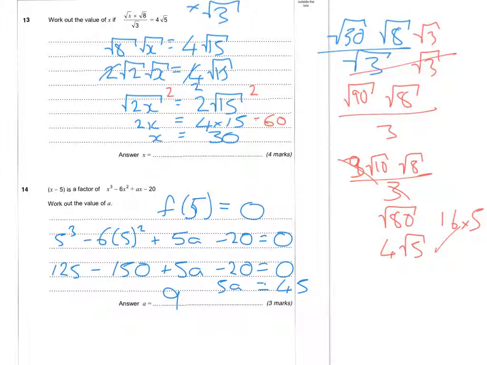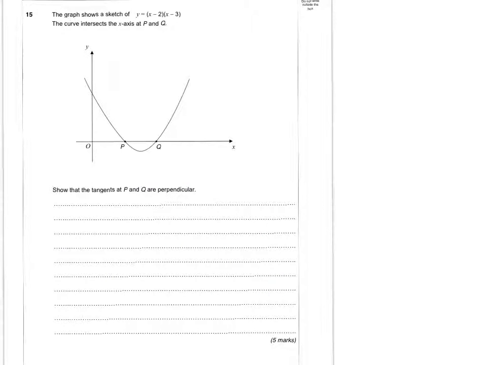Question 15. The graph shows a sketch of y equals (x minus 2)(x minus 3). The curve intersects the x-axis at P and Q. Show that the tangents at P and Q are perpendicular.